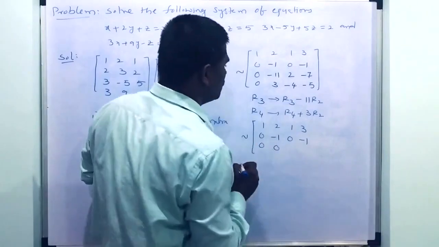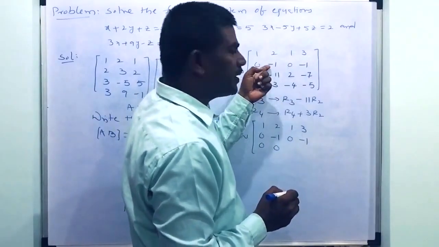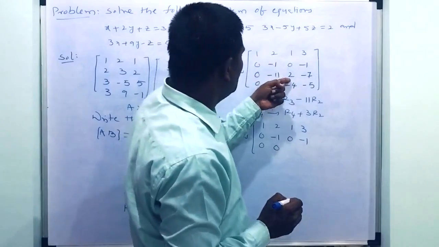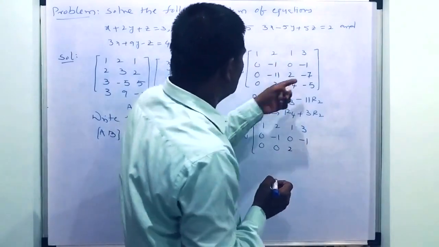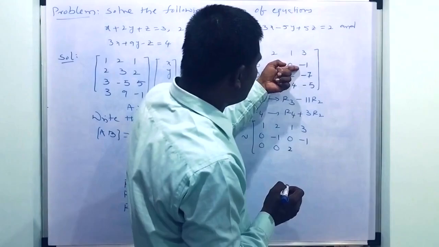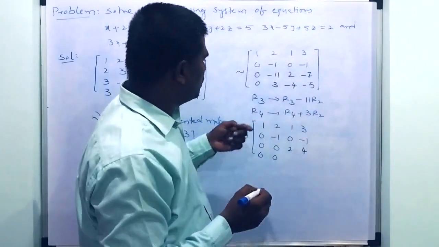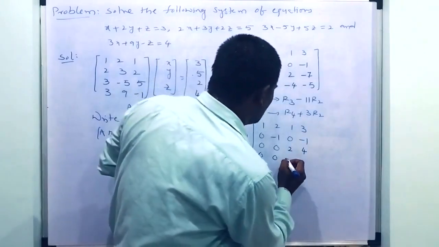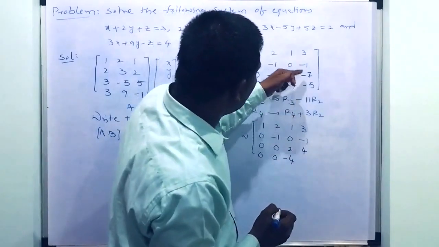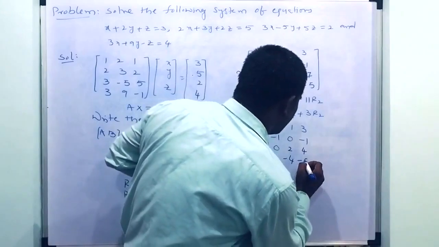Our target is 0 because -11 plus 11 is 0, then 2 minus 0 is 2, -7 plus 11 is 4; then 0, 3 minus 3 is 0, -4 plus 0 is -4, -5 minus 3 is -8.